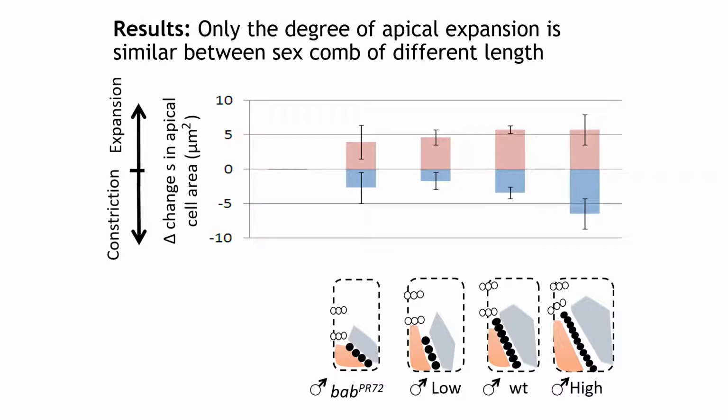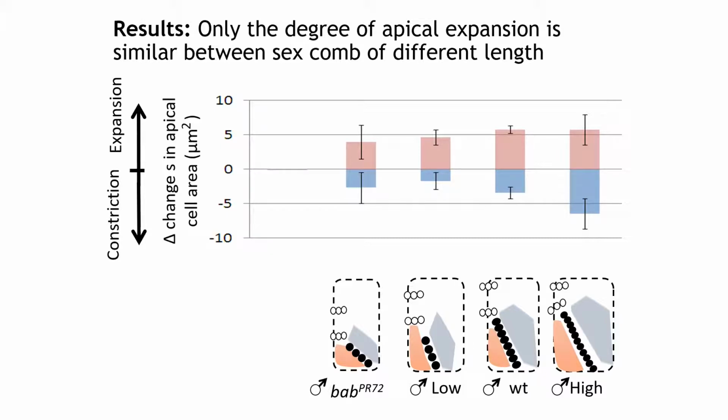When the delta of the changes in apical cell area is positive, there's expansion, so all of them are growing. And when it's negative, there's a constriction. And if you see, as we previously said, all of them are constricting.